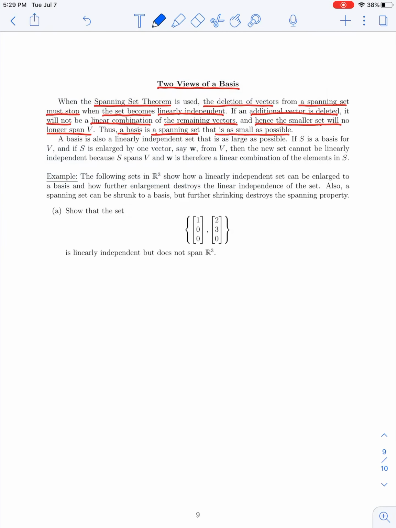Now, another view of a basis is the following. Another way to think about a basis is as a linearly independent set which is as large as possible.